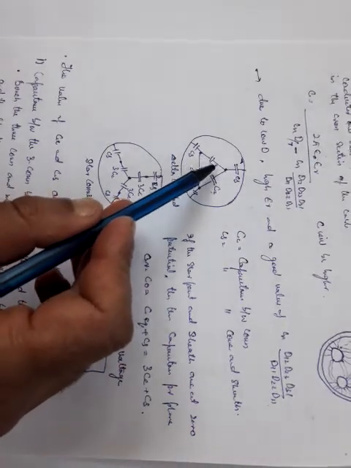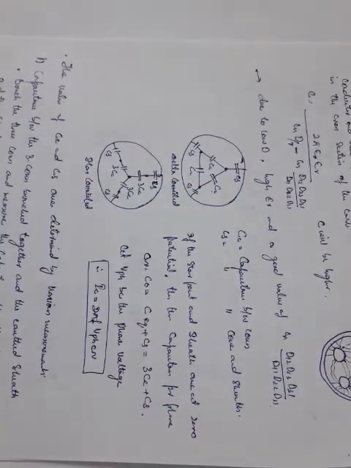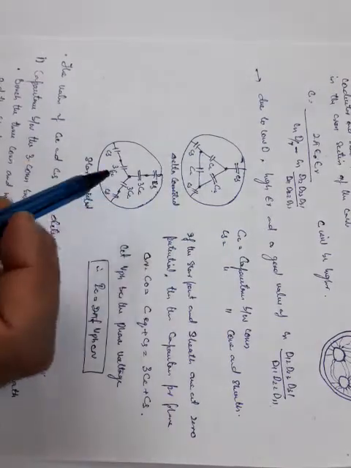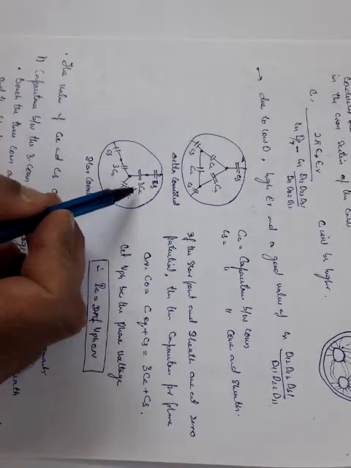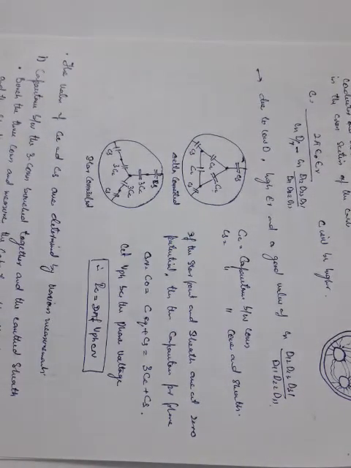When we convert this into equivalent star, its equivalent value will be 3 times CC. C is the core to core capacitance.